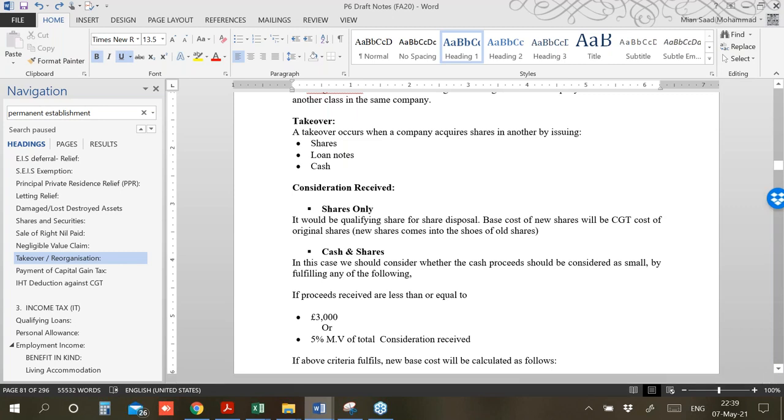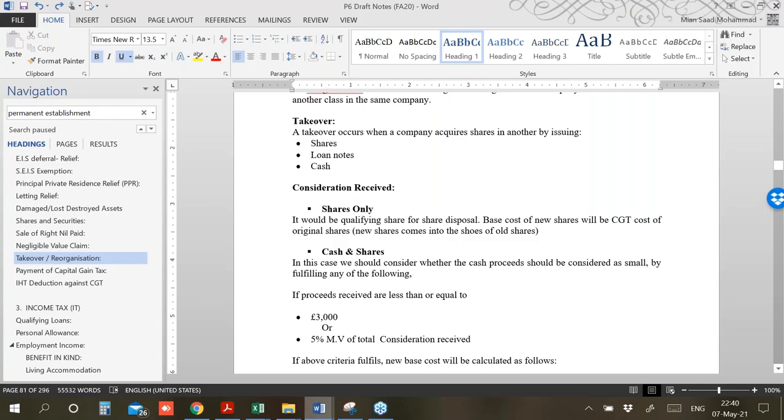And if you are the shareholder of the old company, you will now have become the shareholder of the new company. Now, sometimes the consideration is only shares for shares, that is a paper-based takeover. In that, you will become the shareholder of the new company by giving the shares of your old company. No money is involved in that.